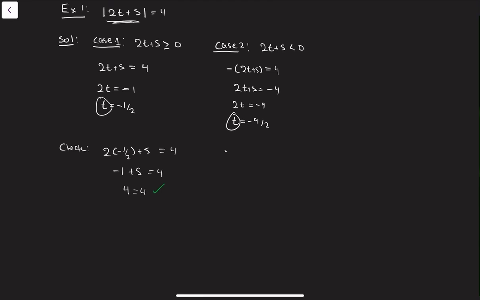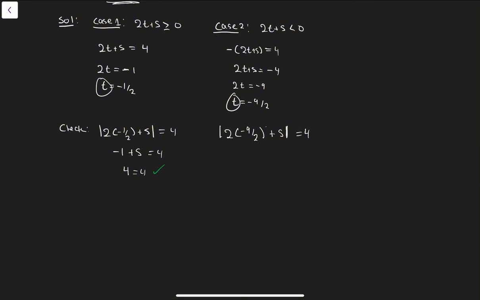And then in this case, the absolute value of 2 times negative 9 over 2 plus 5 needs to equal 4. Forgot to put the absolute value sign, but in this case, it works out.